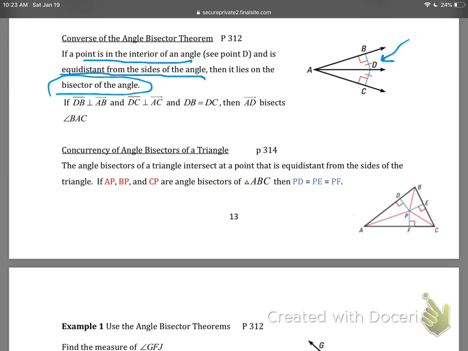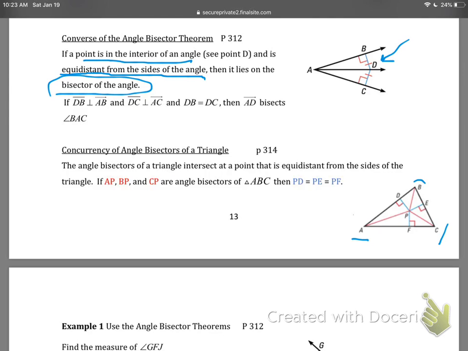Then what they do is now they take a triangle, because a triangle is made up of three angles. And they're saying that the angle bisectors that we just talked about, if you bisect each of the three angles, so I bisected angle A, angle B, and angle C, then the angle bisectors of a triangle will intersect at a point that is equidistant from the sides of the triangle.